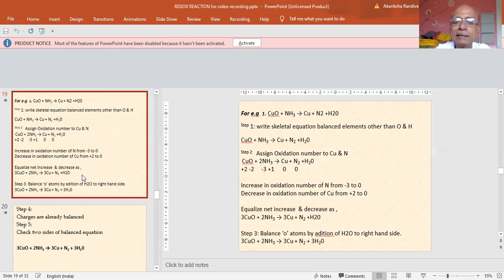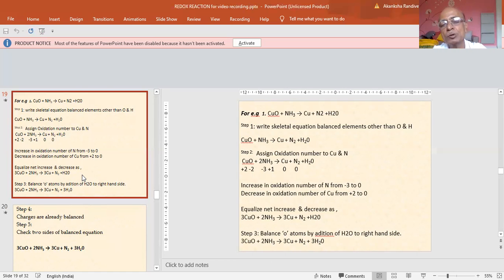Now, increase in oxidation number of nitrogen from -3 to 0 and decrease in oxidation number of copper from +2 to 0. And therefore, equalize net increase and decrease, that is to be equalized by multiplying by 3 to the CuO and by 2 to NH3.